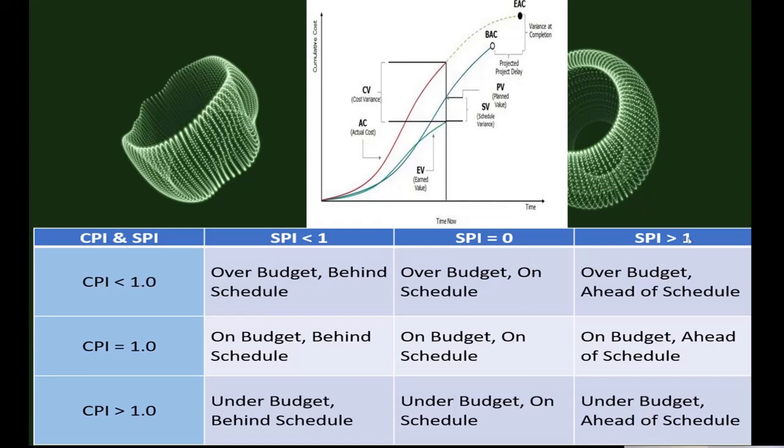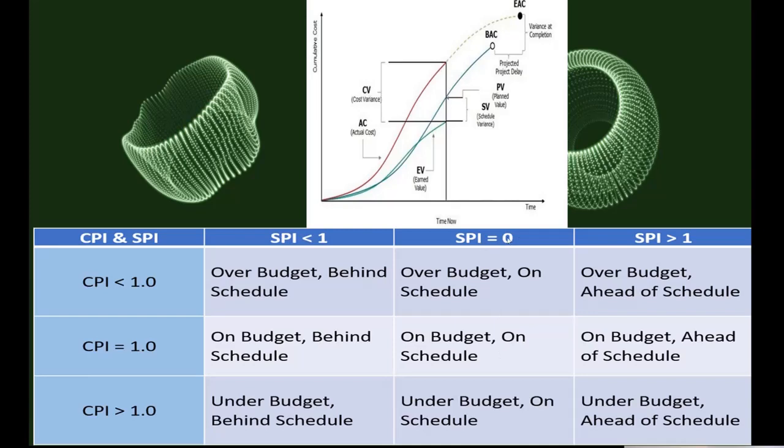And same in here, SPI greater than 1, CPI less than 1. That means you are ahead of schedule and over budget, right? Same in here, CPI equals 1 and SPI less than 1. Less than 1 means it is behind schedule, and CPI 1 means on budget.